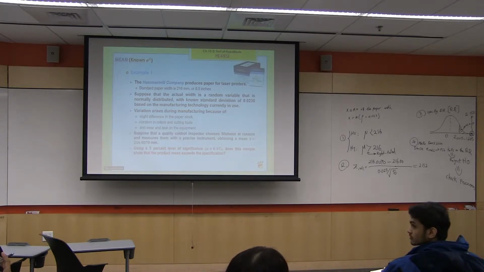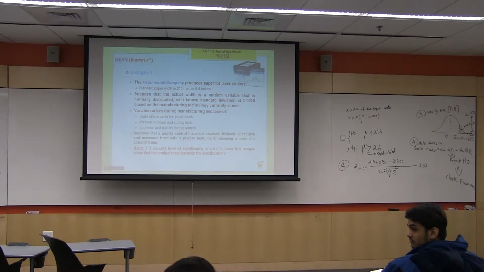That's a good question. If you're really concerned about the boundaries and the specifications and all the variability of those things, you have to run a test for a variance. Based on the same thing we did here for mean, you have to get an estimation for variance using S squared and run a test for a variance, which we're going to cover later on. So the mean is one point of interest.